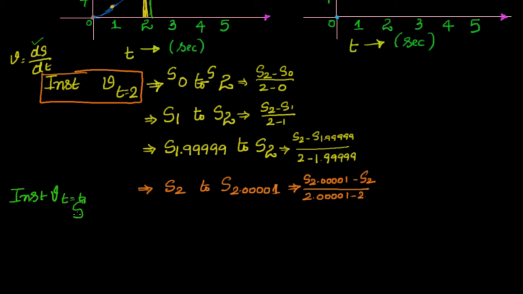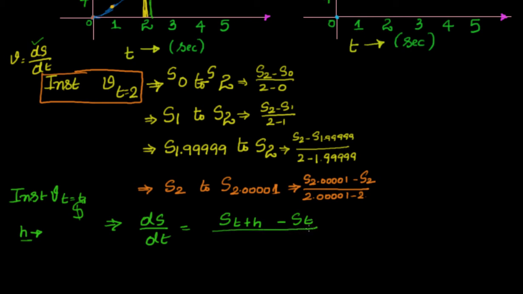Okay, so what will happen now? Suppose the instantaneous velocity is nothing but equal to ds by dt, that is equal to s of t plus, let us say, h, which is delta x, where h is a value which is almost equal to 0, minus s of t.